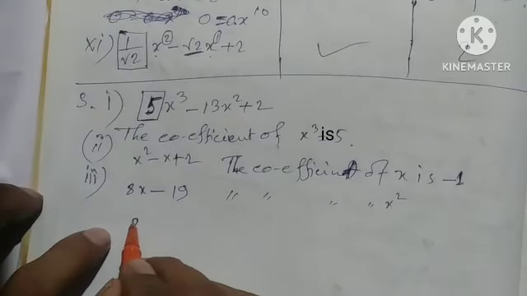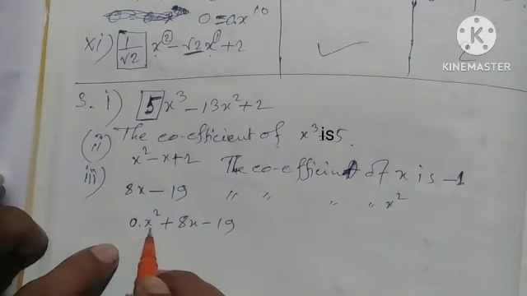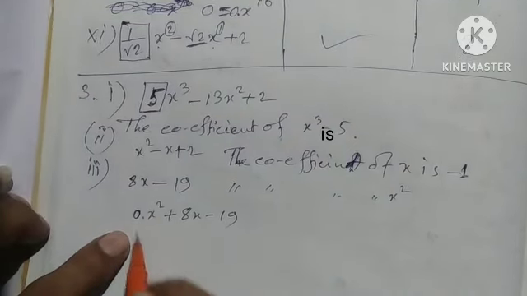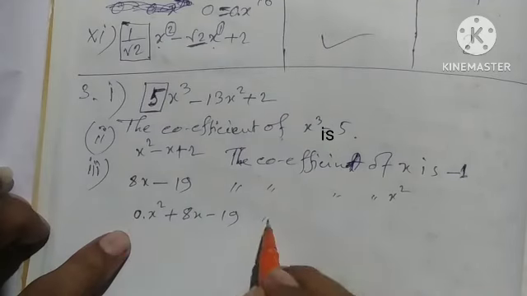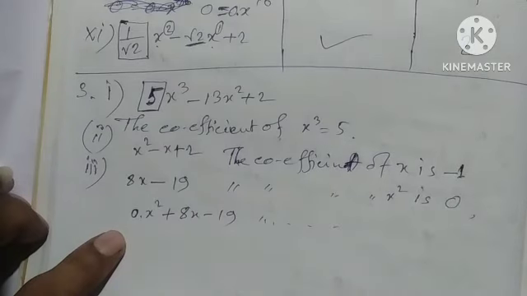Therefore 0 into x square plus 8x minus 19 is the polynomial here. That means the coefficient of x square is 0. If any term is missing, then the coefficient must be 0. Therefore the coefficient of x square is 0.